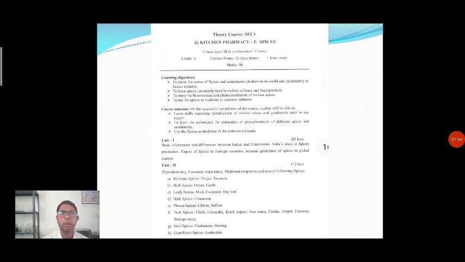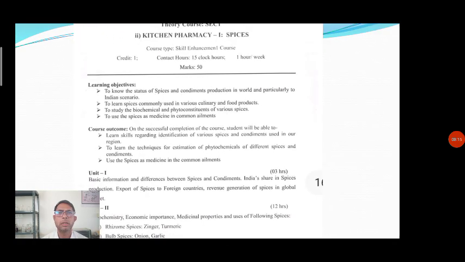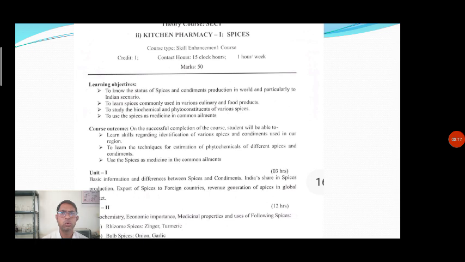Now moving to the part that we call kitchen pharmacy 1. It is given the name kitchen pharmacy 1 spices. So it gives a clear idea that we need to study spices in this particular kitchen pharmacy syllabus. Now what are the learning objectives? What can we do with the learning of this subject? To know the status of spices and condiments production in the world, and particularly in India, the Indian scenario.